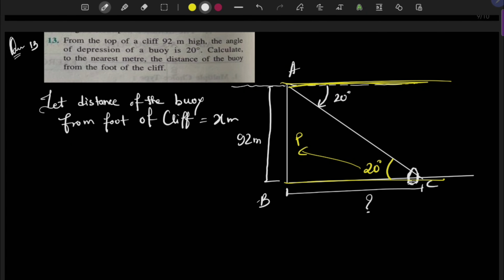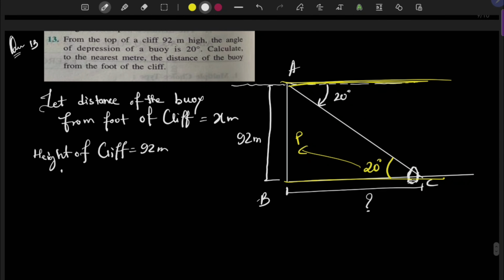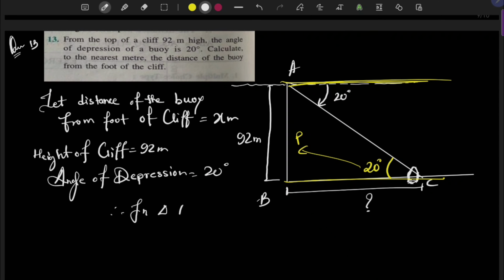Correct. So therefore in triangle ABC, given AB है, height of cliff 92 meter and angle of depression 20 degree. So therefore in triangle ABC, AB by BC, perpendicular by base is again tan 20 degree.